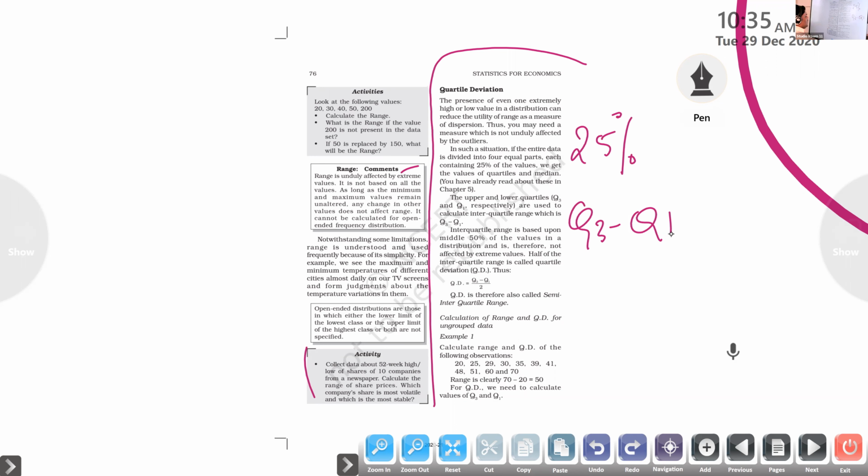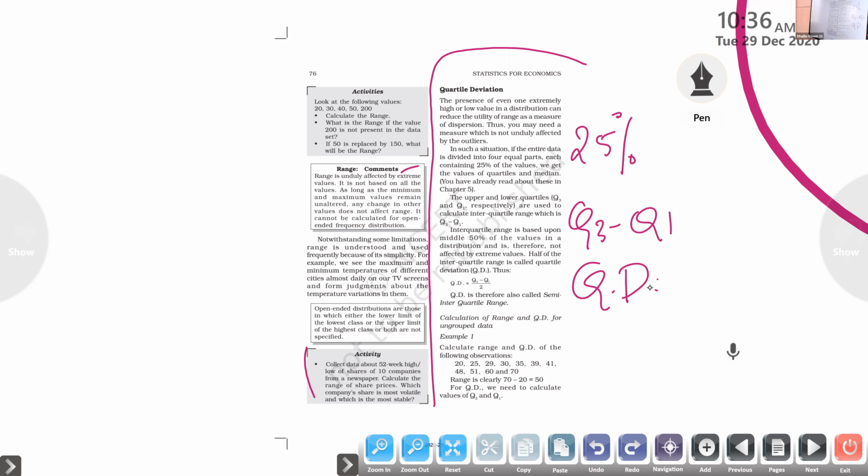Half of the interquartile range is called the quartile deviation, QD. So QD is equal to (Q3 minus Q1) divided by 2.